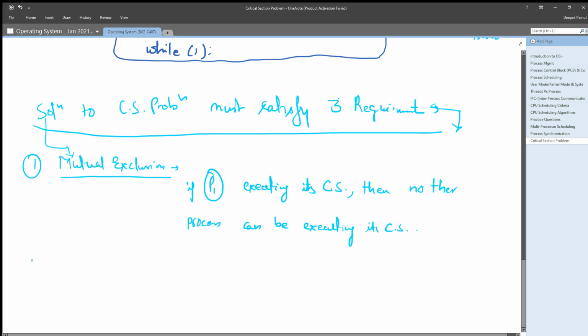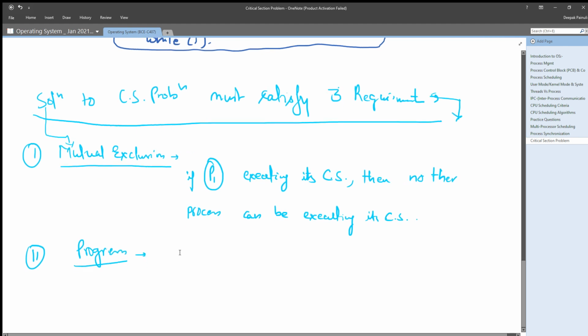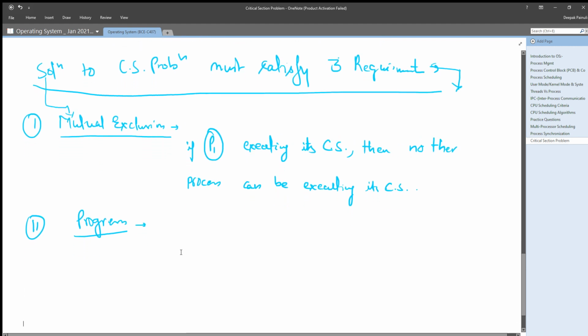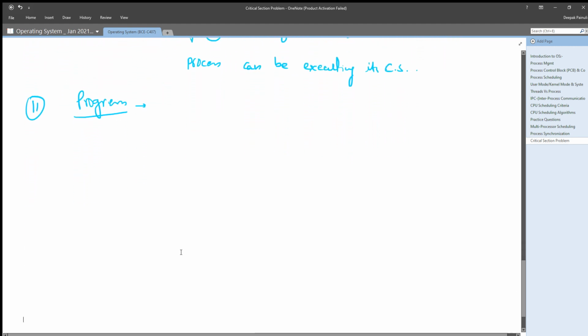First condition is that. Second condition is progress. Let me write it first, then we'll discuss what progress means.